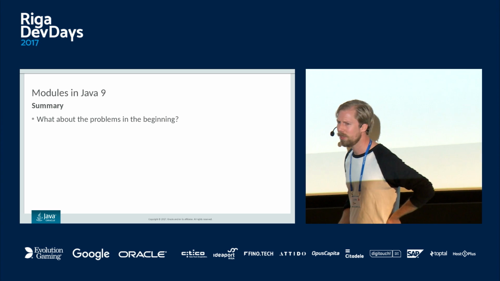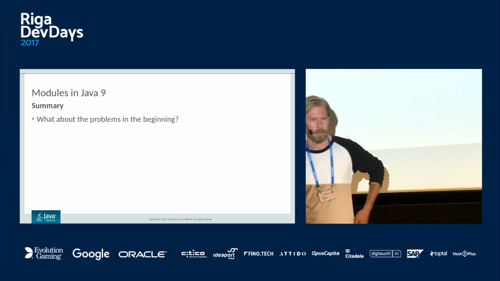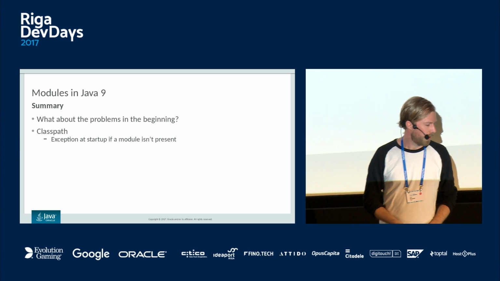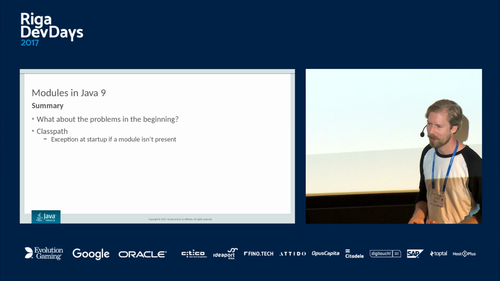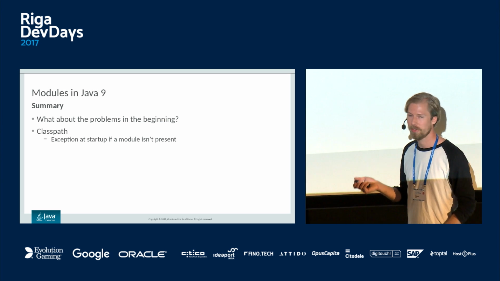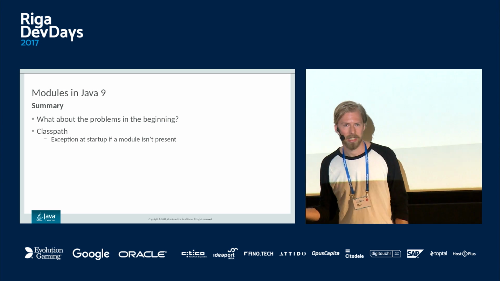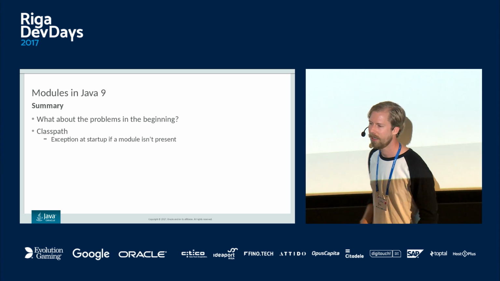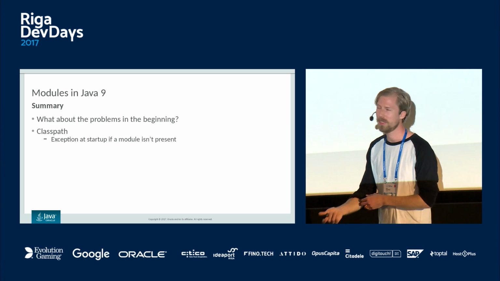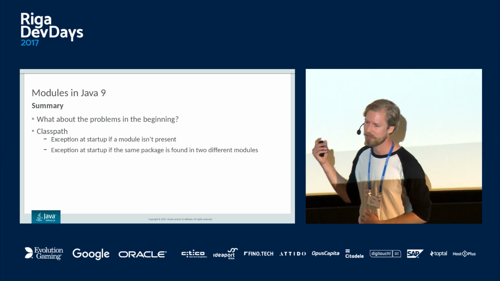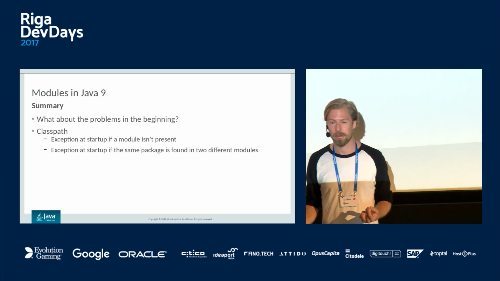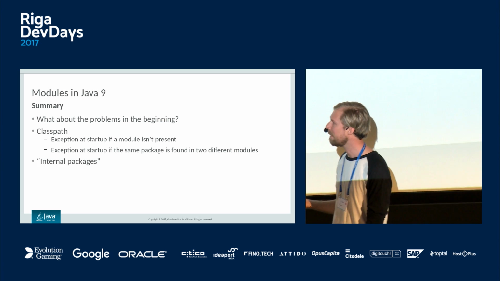So what about the problems we talked about in the beginning? Did we solve anything, or was this just a cool new feature? Well, looking at the class path problems, we now get an exception at startup if the module isn't present. So that problem seems to be taken care of. Remember, we also had that problem with two packages with the same name, and I didn't show that on the slides, but you will actually get an exception if the same package is found in two modules.